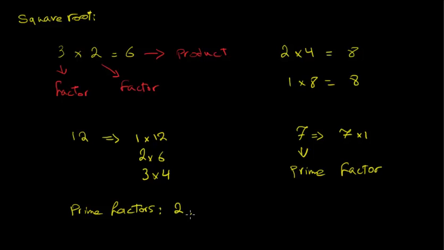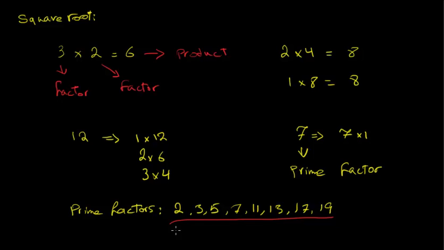It's 2, 3, 5, 7, 11, 13, 17, and 19. 1 is not regarded as a prime number because 1 goes into everything. The definition of a prime number is a number that can be multiplied or divided evenly only by 1 or itself. So these are our prime factors.